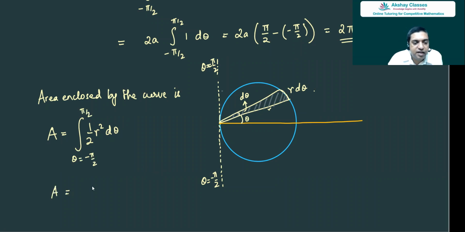So we get A is equal to integral minus pi by 2 to pi by 2 half, r is 2a cos theta. So 4a square cos square theta d theta.